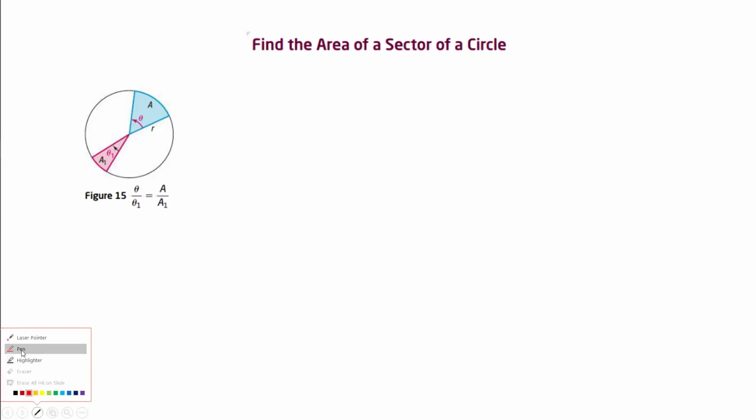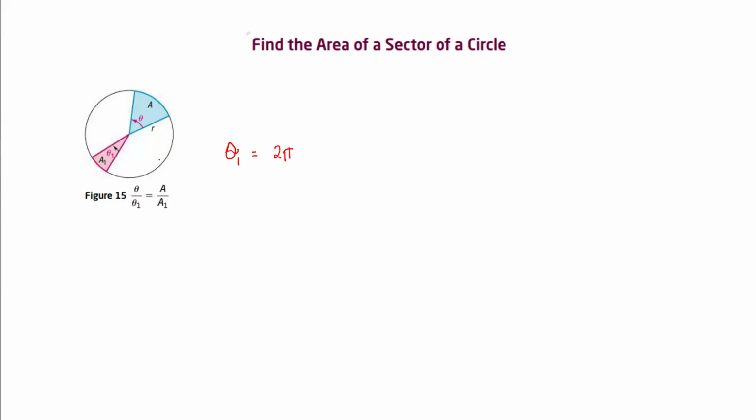Let's do this similar to how we did it with the arc length. We're going to go ahead and say that theta 1 is equal to 2 pi. And we're talking radians, of course, no degree symbol there. So theta 1 is equal to 2 pi.